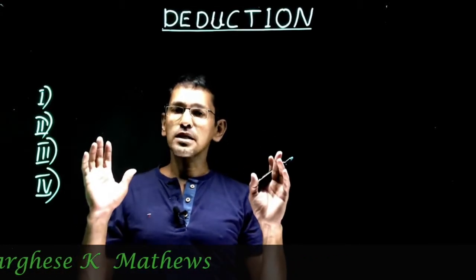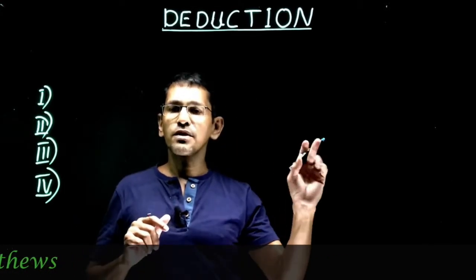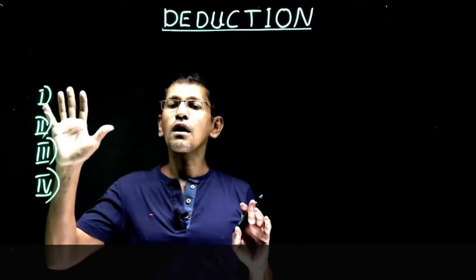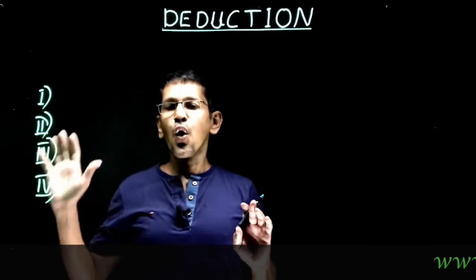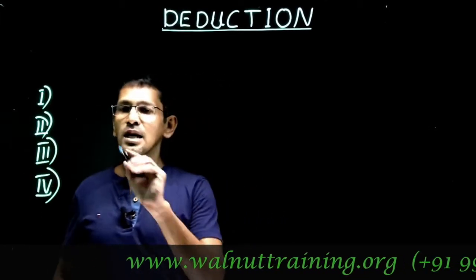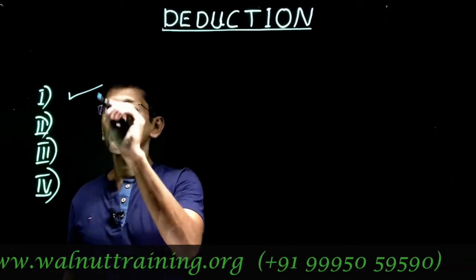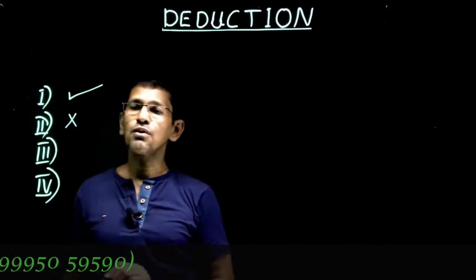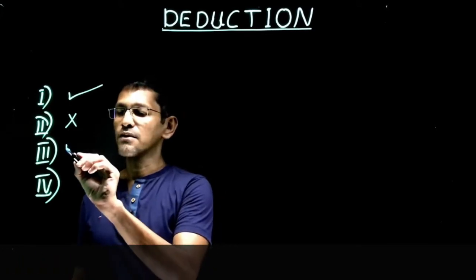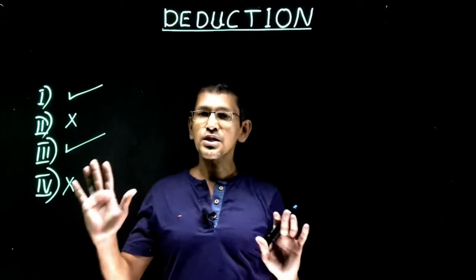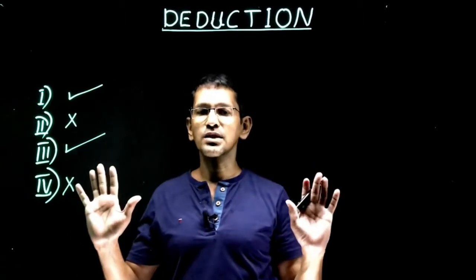We'll draw a basic diagram based on the given statements. So let's assume that we have checked all these conclusions with the basic diagram and we got the final result. Conclusion number 1 follows. Conclusion number 2 doesn't follow. Conclusion number 3 follows. Conclusion number 4 doesn't follow. This is the final result we got.